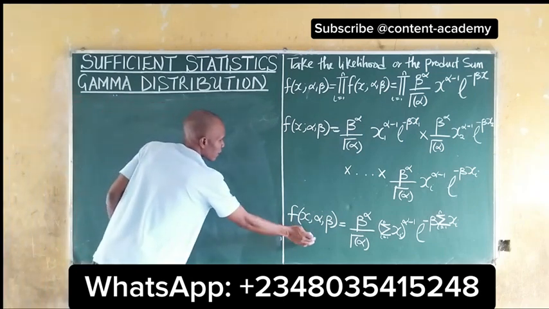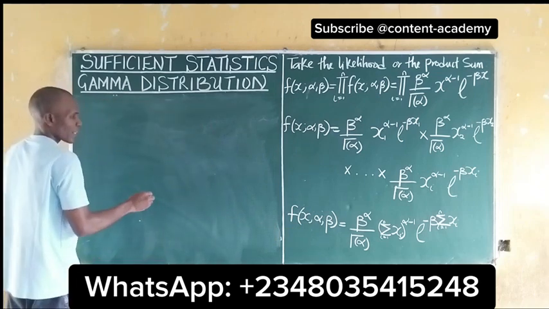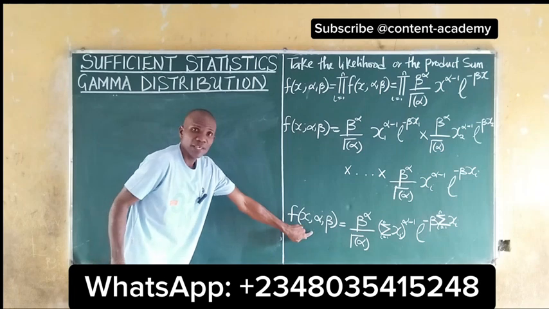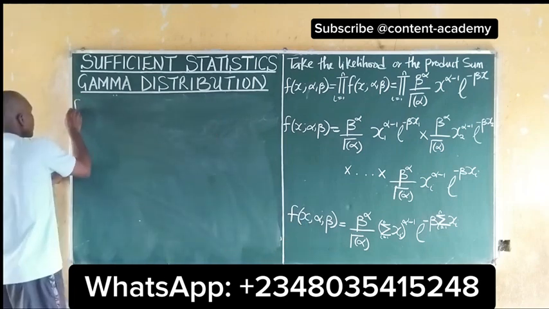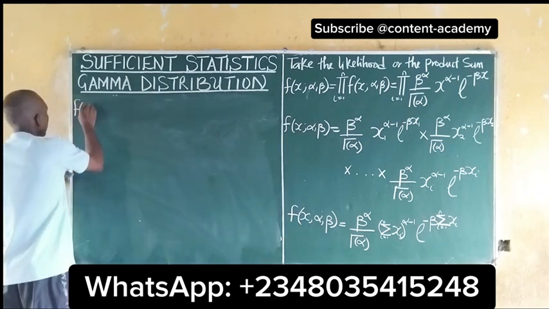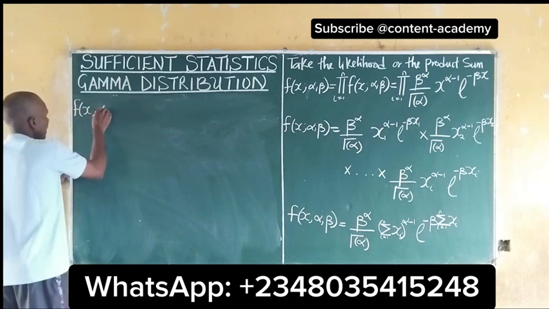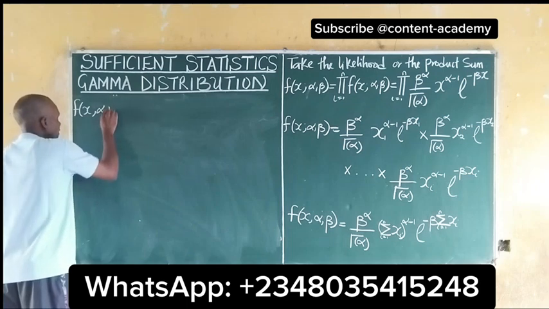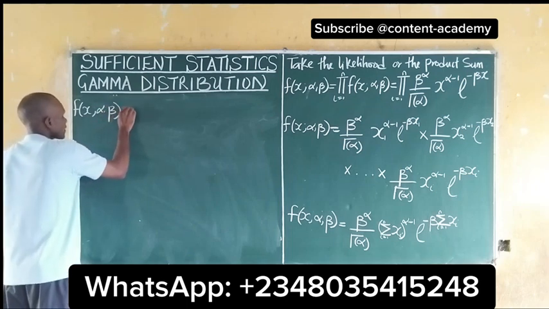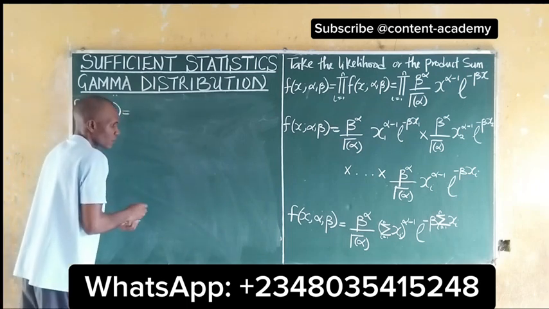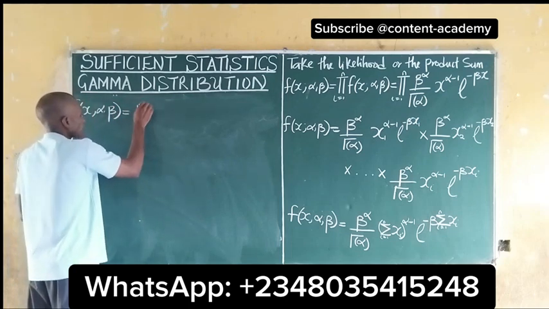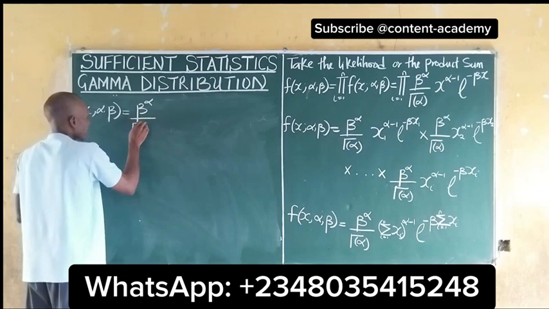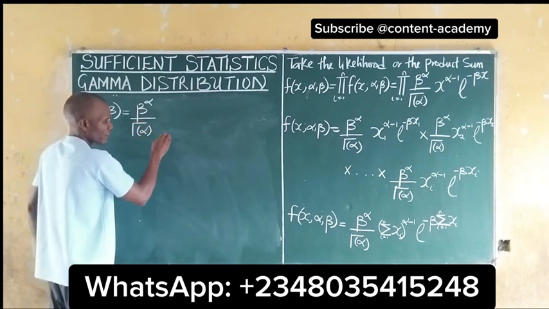So we can now write out our likelihood function. This is equal to f of x given alpha and beta, which is equal to beta alpha all over the gamma function.